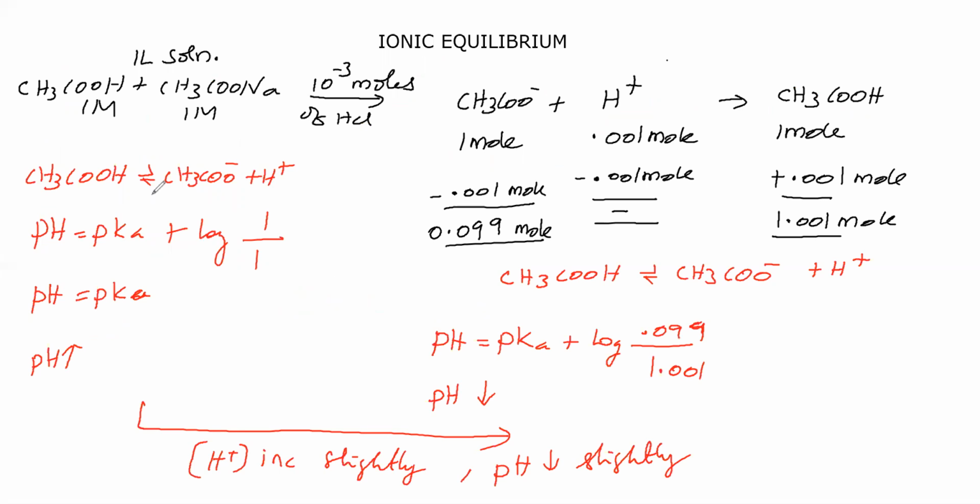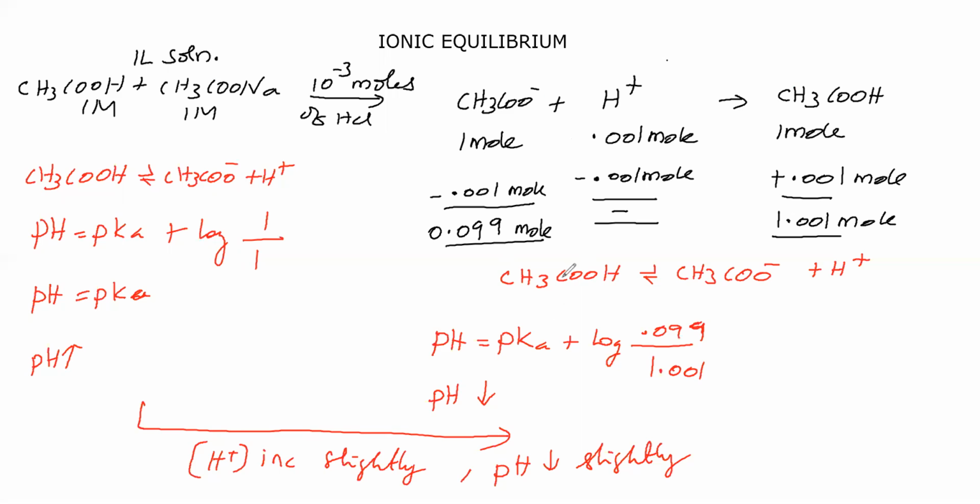Therefore, only superficially the definition of buffer solution is given: it is not allowing the pH to change. Superficially we are saying that. But actually, what is the meaning? Why are we saying that definition? Because the added H plus is consumed completely.